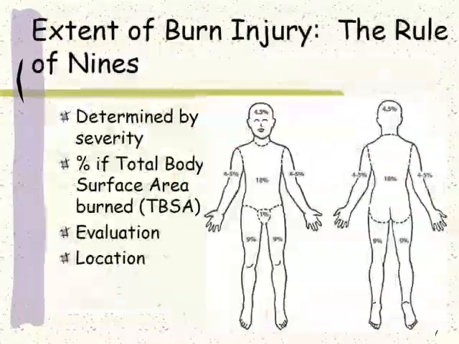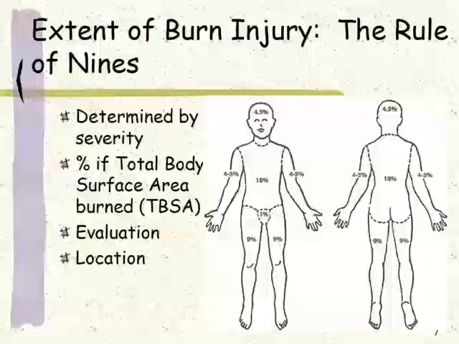For a patient that comes in through the emergency room with a burn, there are different rules that are used to determine what percentage of the body surface area is burned. One method shown here is called the rule of nines.